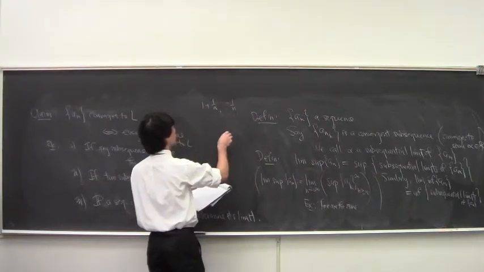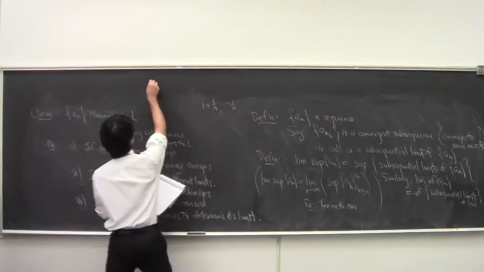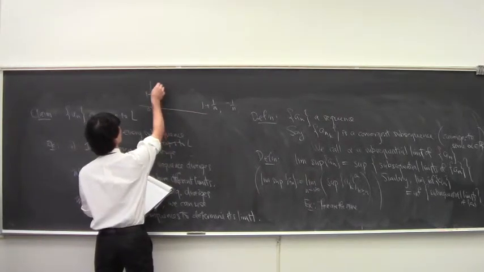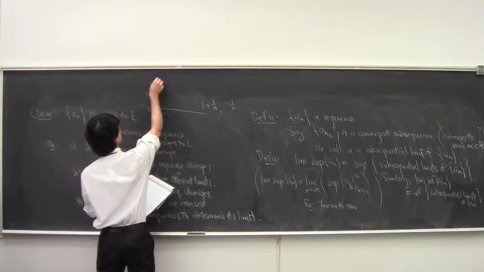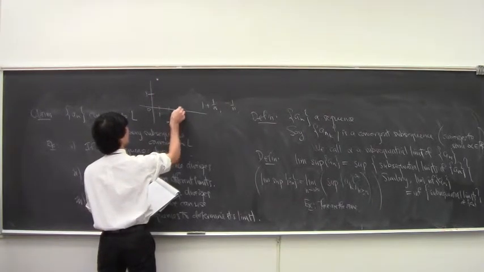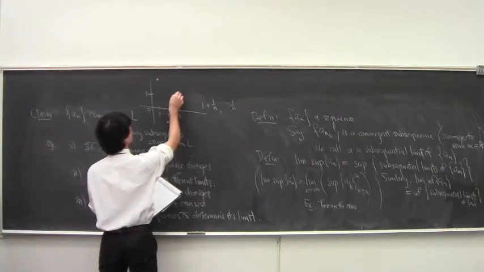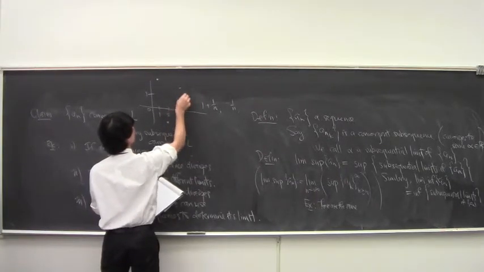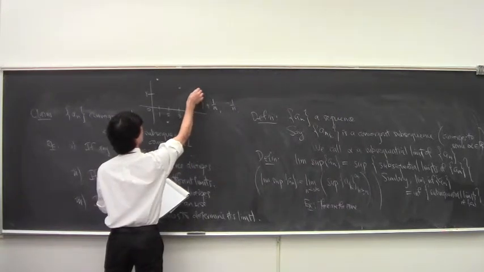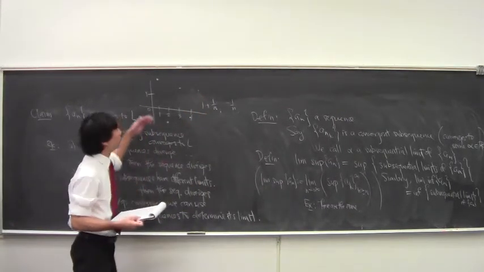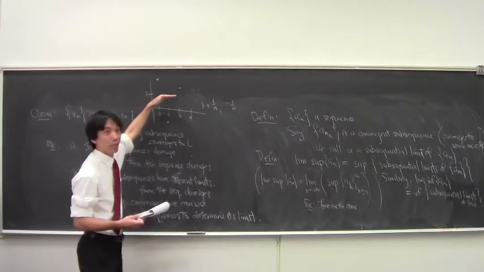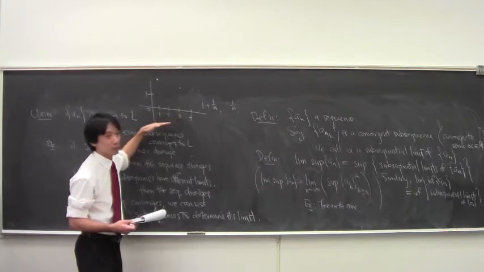Maybe the first one is 1 plus 1 over n. The second one is negative 1 over n. The third one is 1 plus 1 over n. The fourth one is negative 1 over n. And it's pretty clear that you have an upper sequence declining to 1 and a lower sequence increasing to 0.